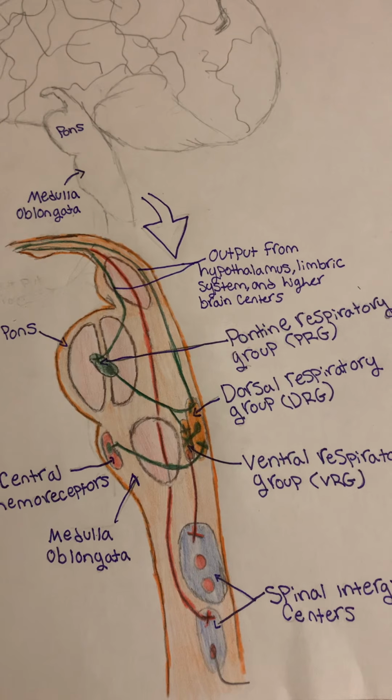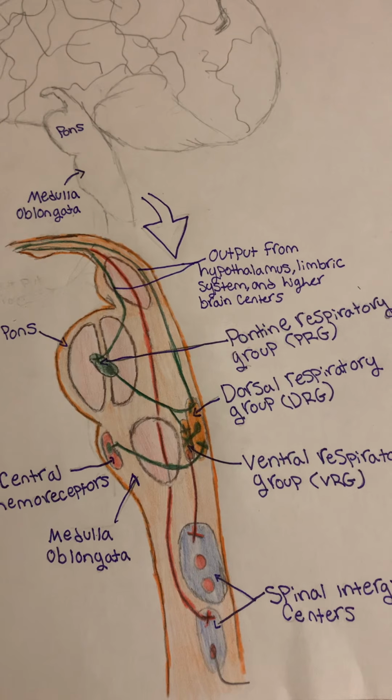Then we go on to the DRG, the dorsal respiratory group, which is going to be this one right next to the VRG. It's going to be this one right here. And the dorsal respiratory group modifies this basic respiratory rhythm. It is a web of neurons that extend the length of the medulla.